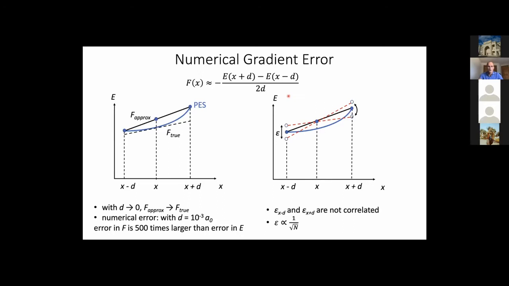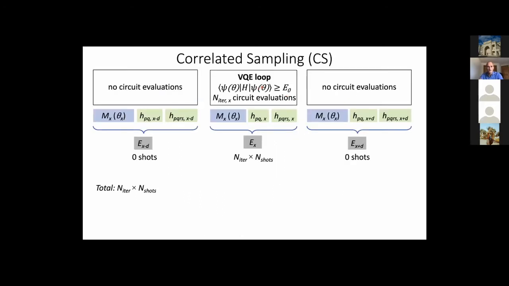So what we're doing in this work, we use the correlated sampling technique. Instead of doing the measurements at displaced geometries, we simply take the measurements from the central point and use them for displaced geometries, and only recalculate the classical electron integrals.